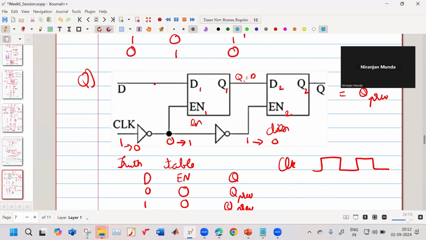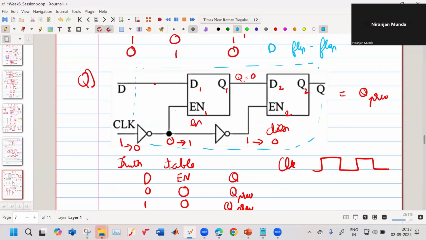So this entire thing is effectively a D flip-flop that is event triggered.